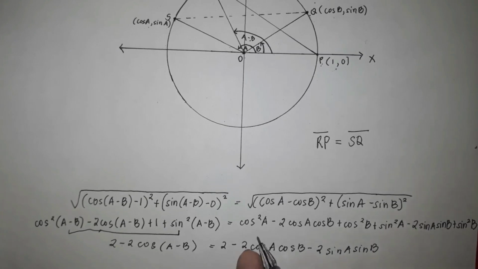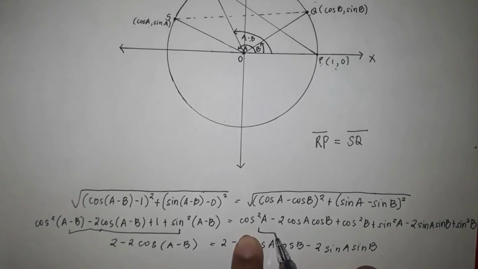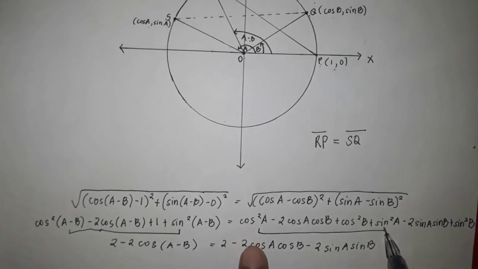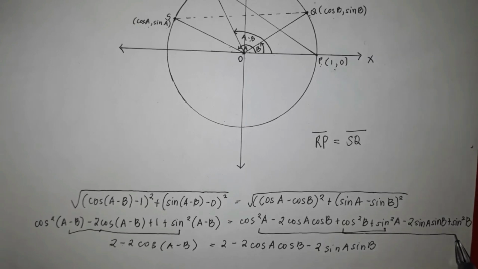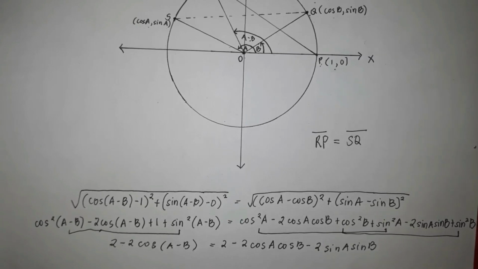We also have cosine squared A plus sine squared A equal to 1, and cosine squared B plus sine squared B also equal to 1. So 1 plus 1 equals 2, and we copy the leftovers: 2 minus 2 cosine A cosine B minus 2 sine A sine B.